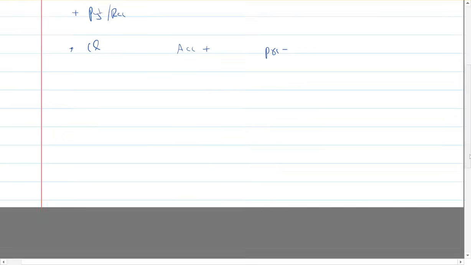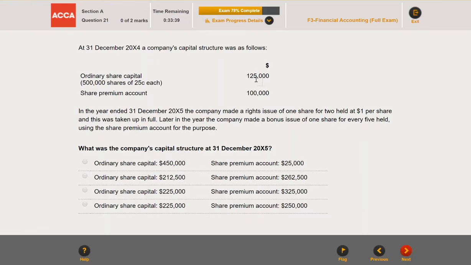So if that is the case, we have 500,000 multiplied by 142, which is 250,000 shares. 250,000 shares were issued at $1 each. So that means we received 250,000 cash. The par value is 25 cents.